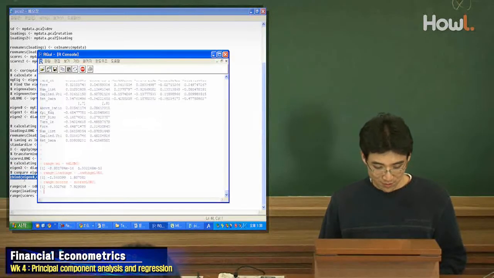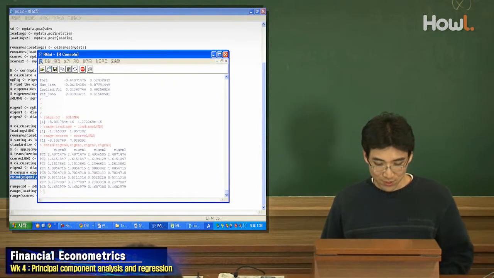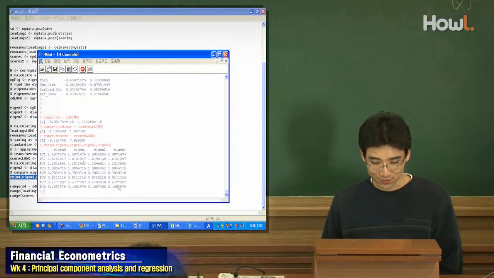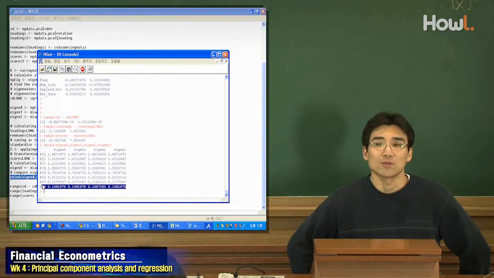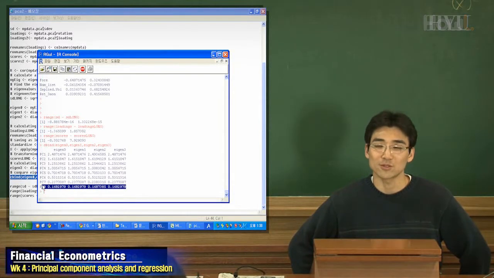let's check. In reality, they are slightly different from each other, especially for small scores, small principal components, weak principal components, and for small eigenvalues.